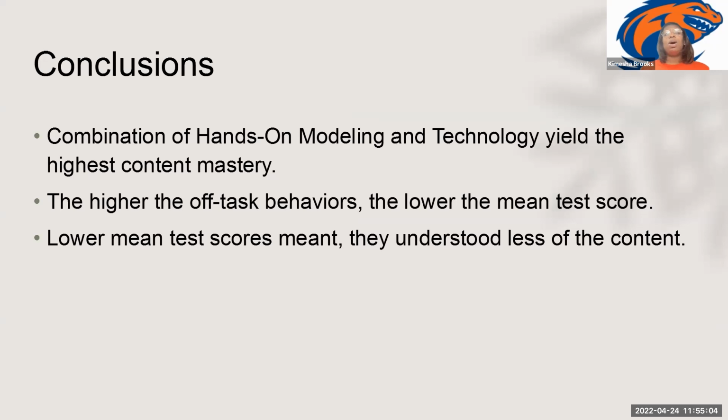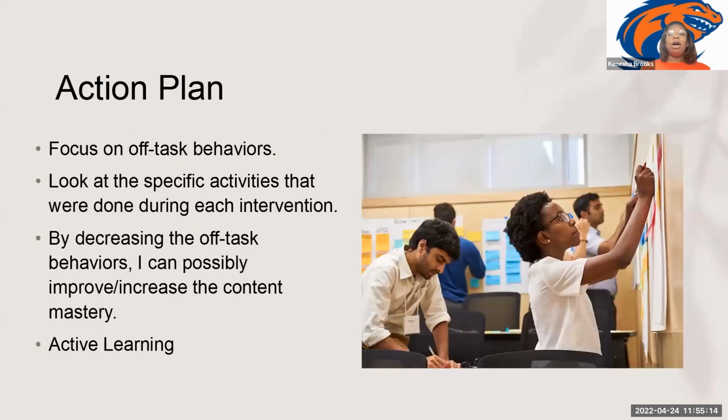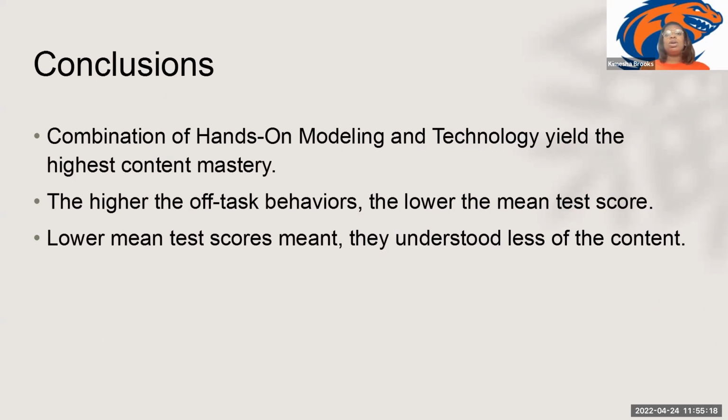So what that means is that I want to focus on the off-task behaviors, because even though the mean for the Chromebook and hands-on modeling group was 65.3, that still isn't passing.